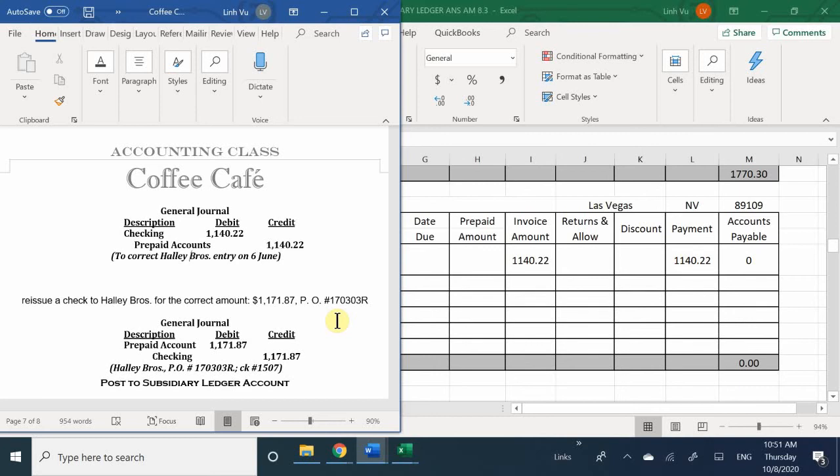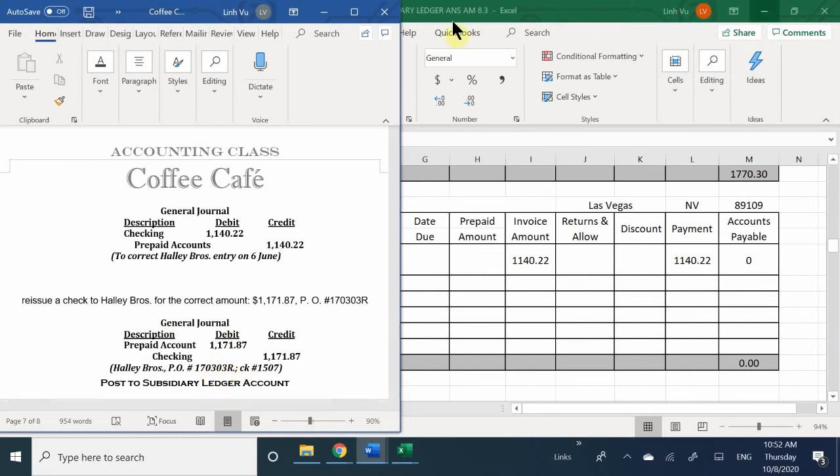So in this case, I actually calculated the wrong amount. I only took 1/3 of one of the numbers. I don't know where I got the 1140, but now that I recalculated, I found out, wait, this isn't 1/3. 1/3 is actually 1170 instead. So now I'm going to type in the correct amount, reissue a brand new check, and also revise my purchase order.